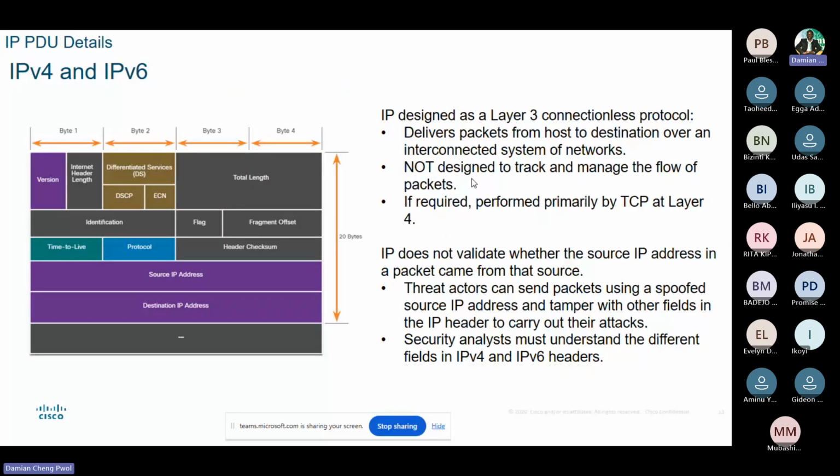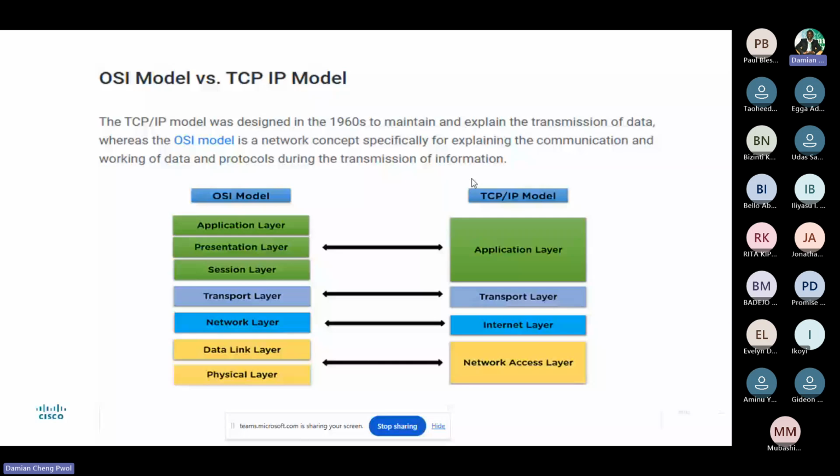If required, tracking is performed primarily by TCP at layer 4. Sorry, I said there's no layer 4, there is a layer 4. What we mean by tracking is that when you are sending data across the network, you need somebody who will track. TCP is reliable, while UDP is unreliable.